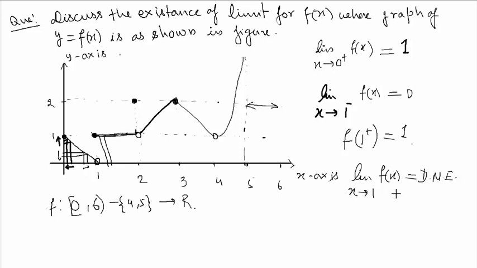Why is it so? Since the right hand limit is 1 and the left hand limit is 0, they are not approaching the same number. Even f of 1, you can see, is 1, but limit does not require the value of the function at this point 1. We will discuss the same problem in the next video. So move on to the next video.